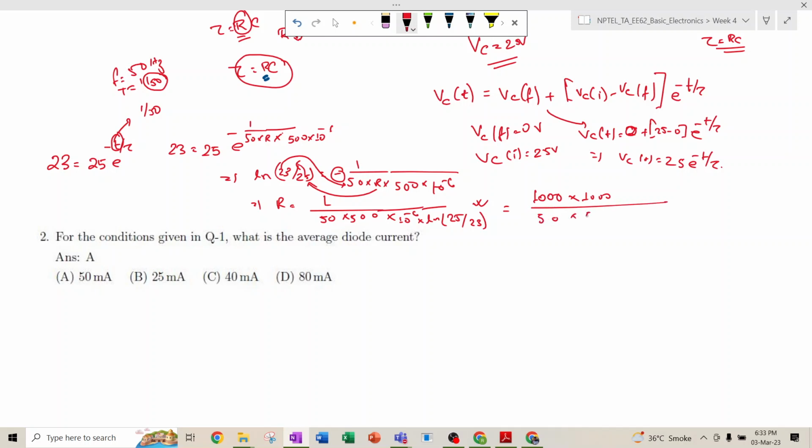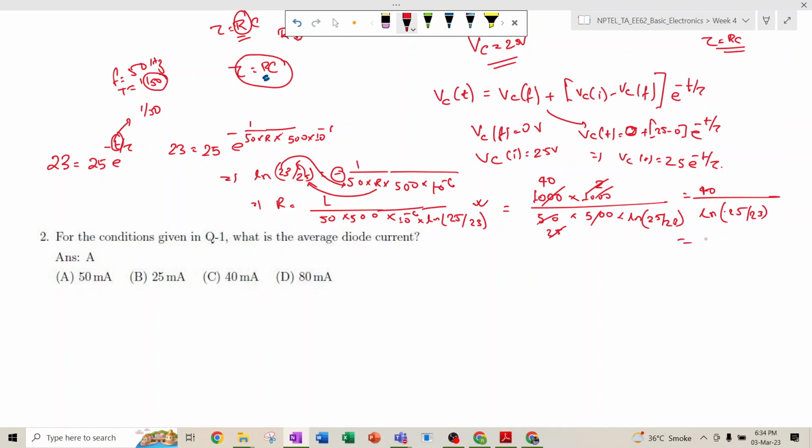This is 50, this is 500, and this is ln 25 by 23. So these two cancel out, this is 25, this is 40. So 40 divided by ln 25 by 23.